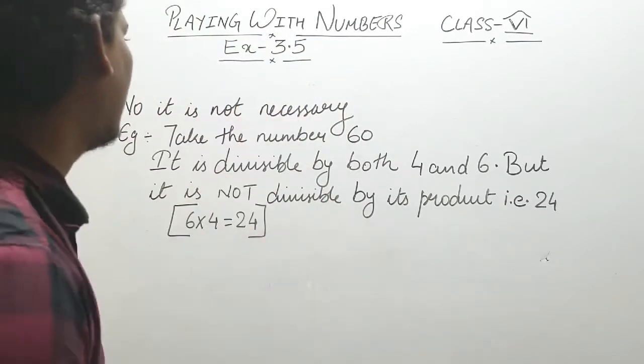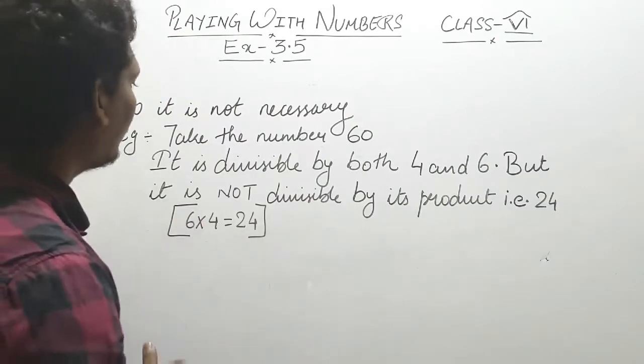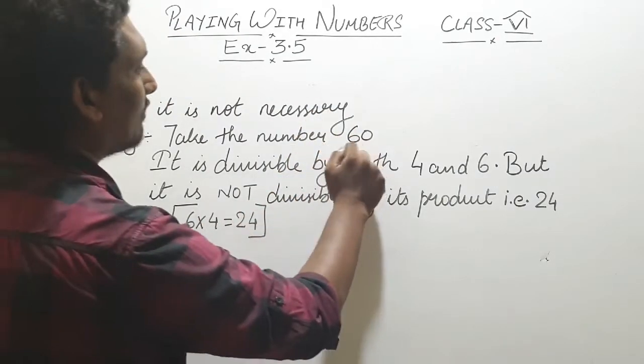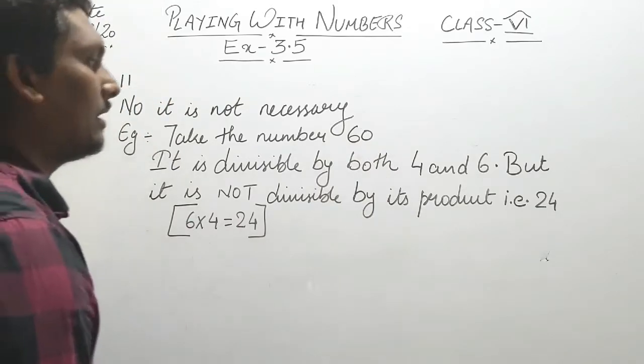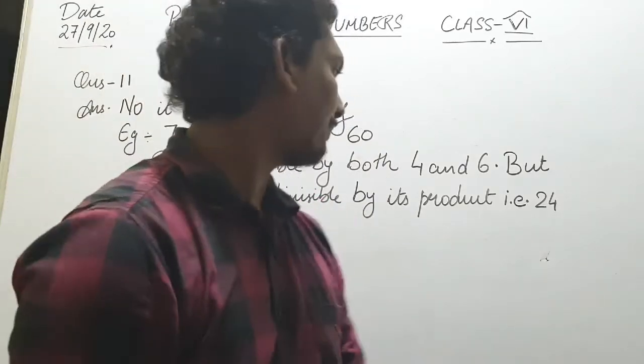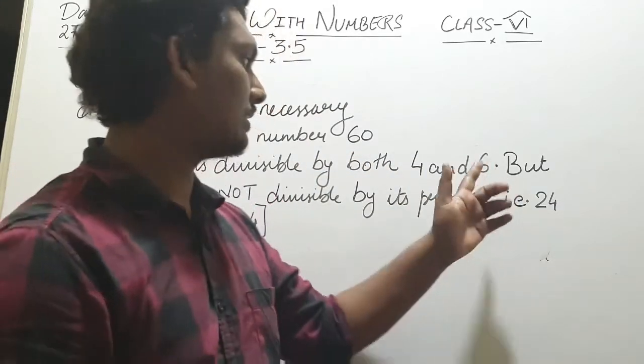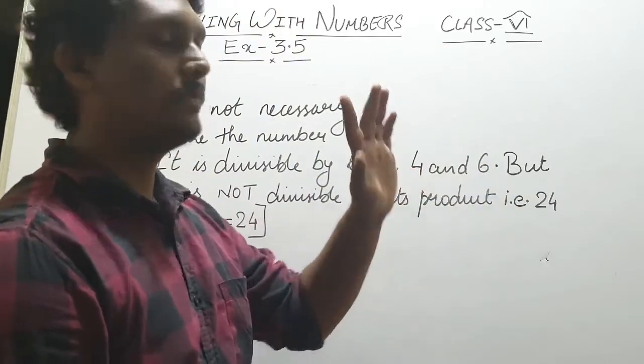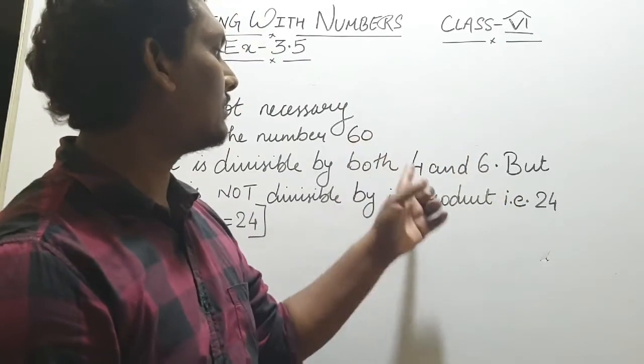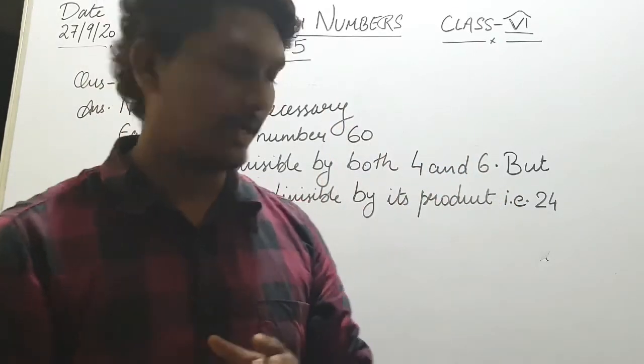It is not necessary, because for example, when we take an example of 60, right? So what happened in 60 is, it is divisible by both 4 and 6. Okay, 60 is divisible by 6 and 60 is divisible by 4, right?